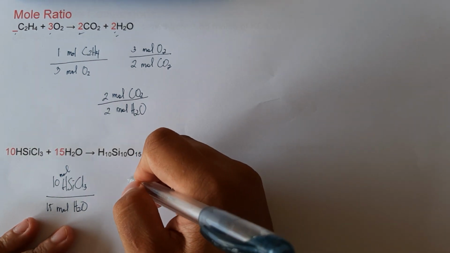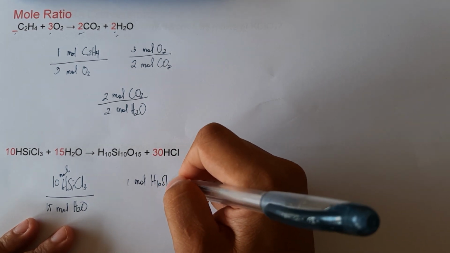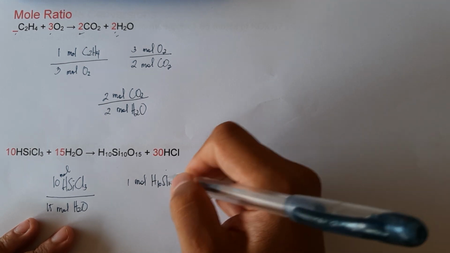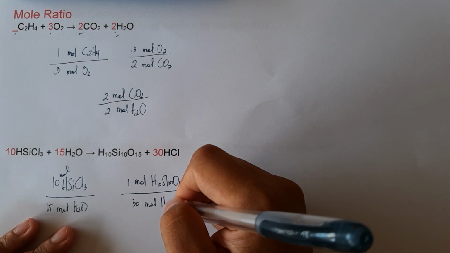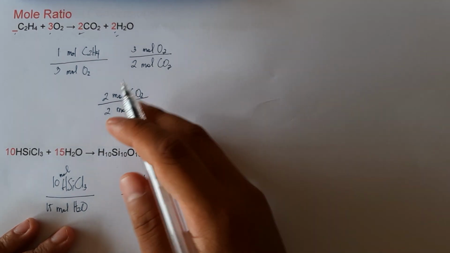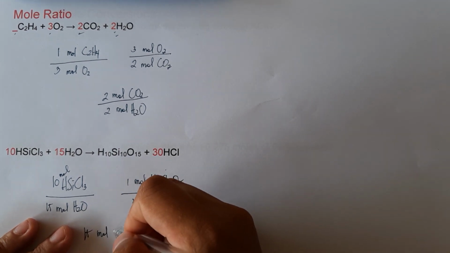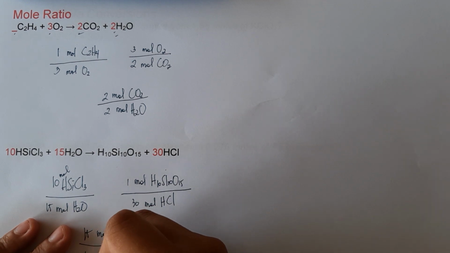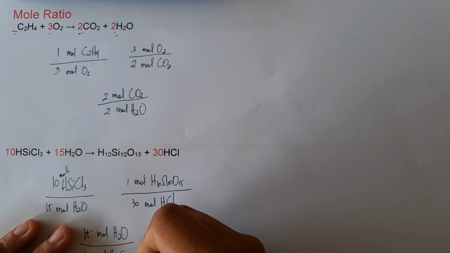Another one is 1 mole of H10Si10O15 over 30 moles of HCl. That's another mole ratio. We have 15 moles of H2O over 1 mole of H10Si10O15.